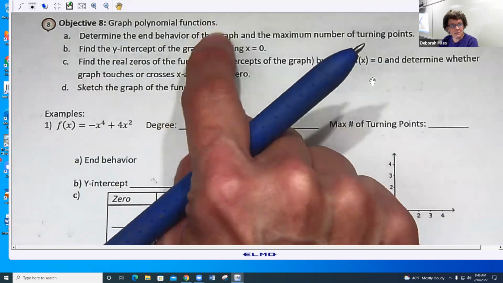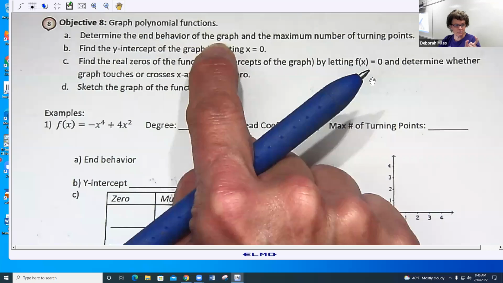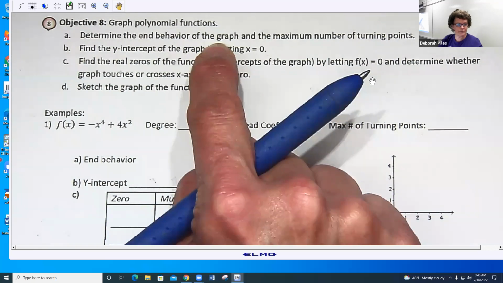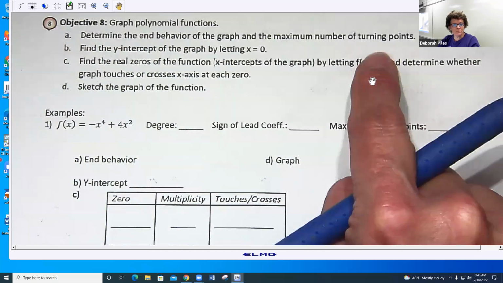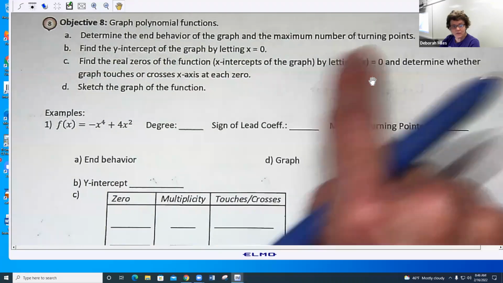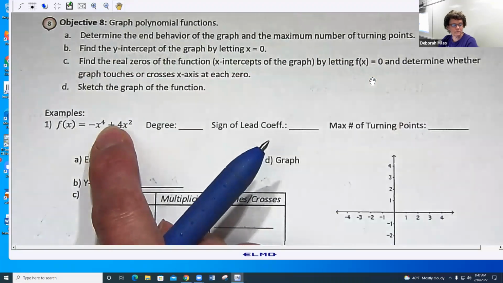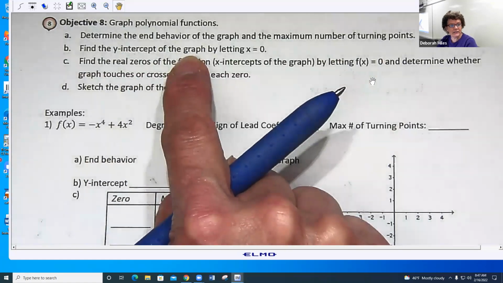We're going to get the end behavior of the graph by looking at the leading term, whether the exponent is even or odd, whether the coefficient's positive or negative. We're going to look at the maximum number of turning points is always going to be one less than the degree of the polynomial. Then we're going to find the y-intercepts by letting x be 0.